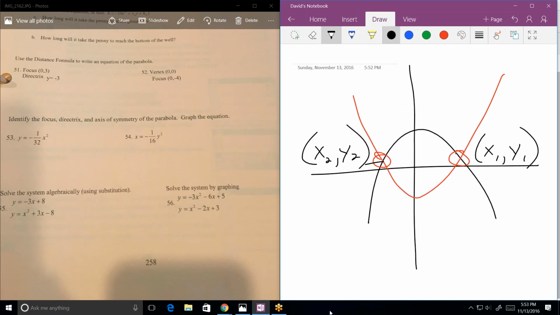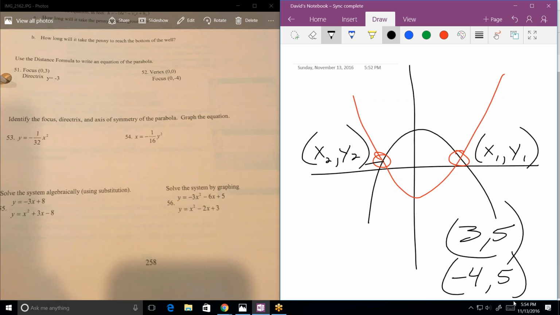This one's going to be positive. This one would be negative. Your solution set is going to look something like 3 comma 5 is one solution, and another solution might be minus 4 comma 5. In other words, your solution set is one pair of xy coordinates and another pair of xy coordinates.